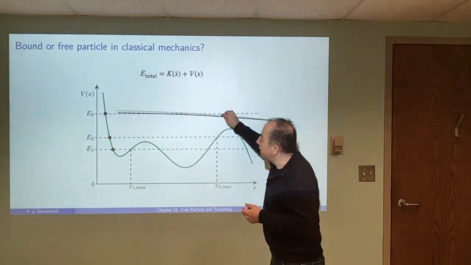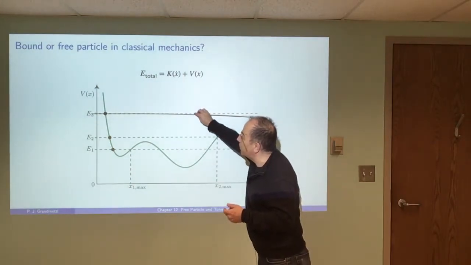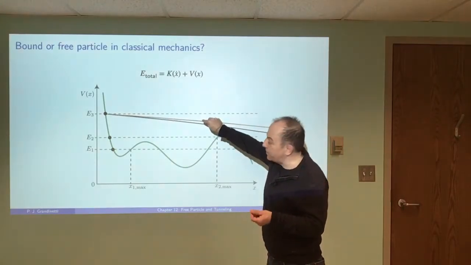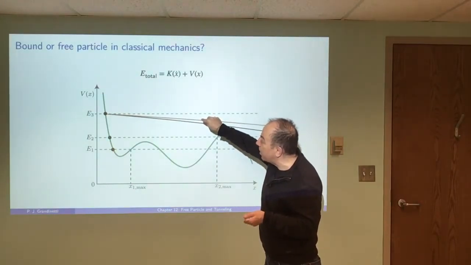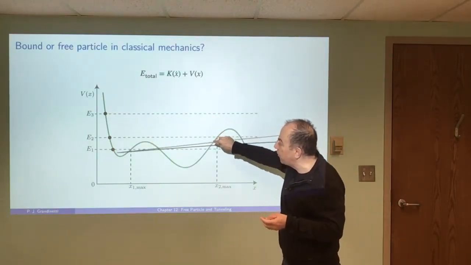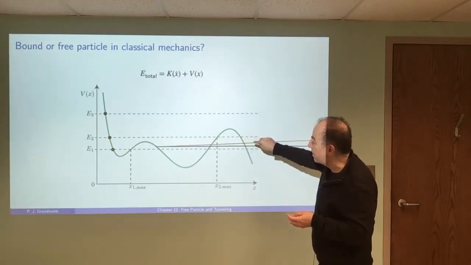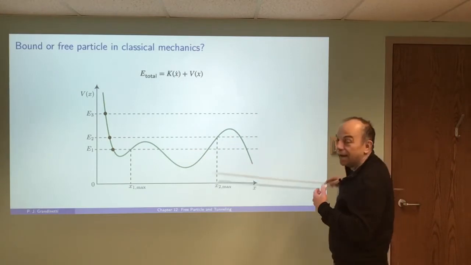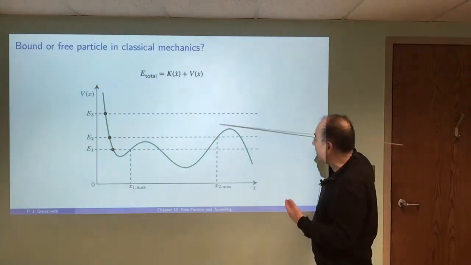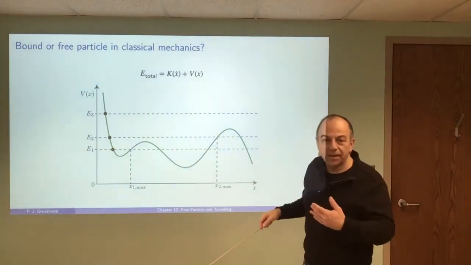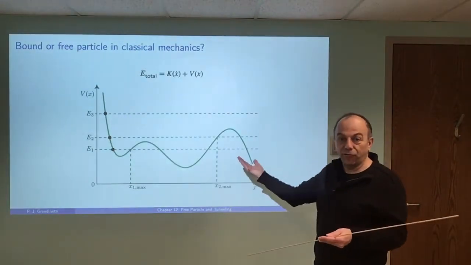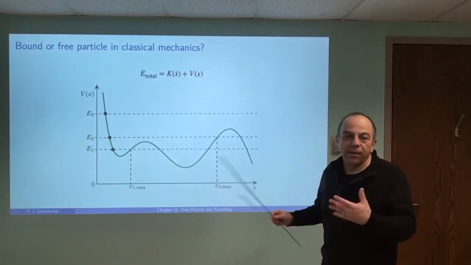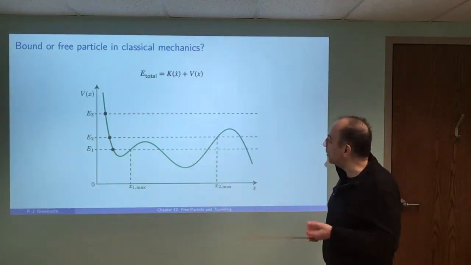In this case, we have a total energy E3 that's higher than the other two, and at time zero, all that energy is potential energy. This particle is going to overcome this potential energy barrier, and it's also going to overcome this other barrier. If there are no barriers higher than its total energy, then this particle will be effectively free and continue moving to the right. That's what we expect for a classical particle.